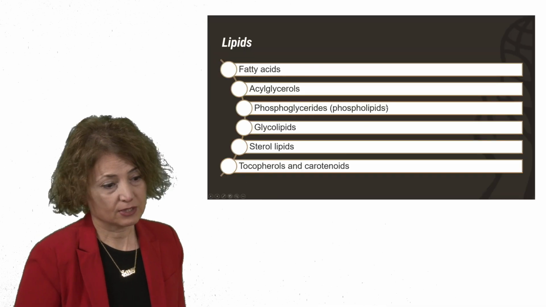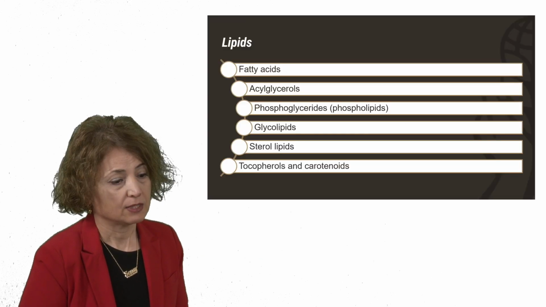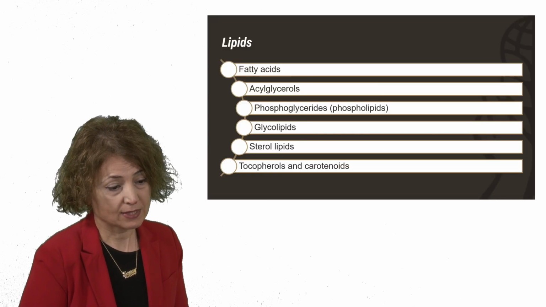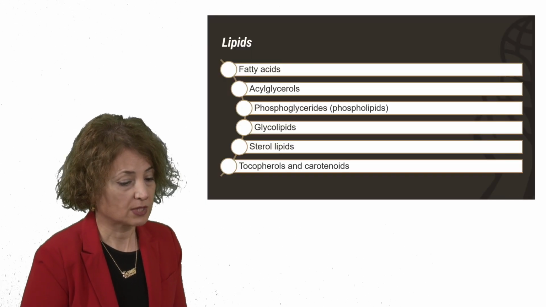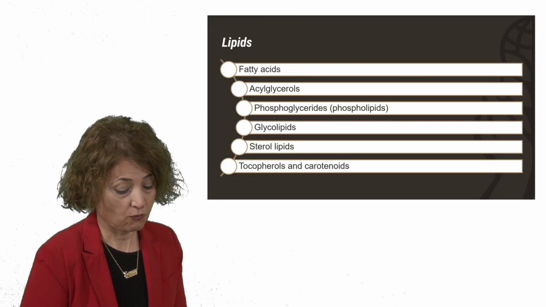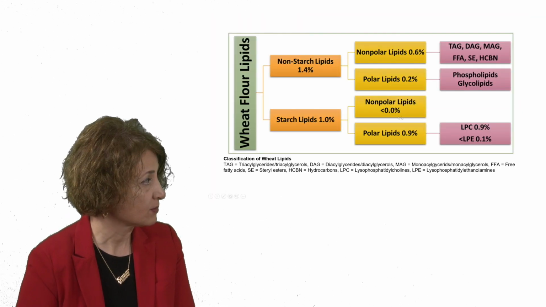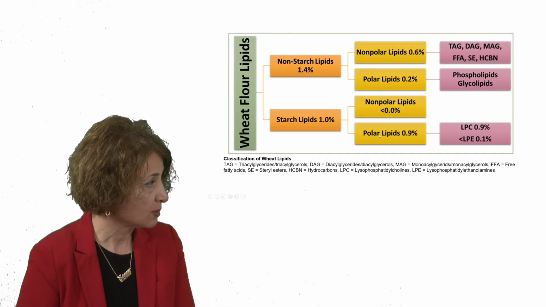There are different types of lipids. We have fatty acids, which we just talked about, and then acylglycerols, phosphoglycerides, glycolipids, sterols, tocopherols and carotenoids. They have relatively less abundance and functionality in baking systems. For wheat flour lipids, starch lipids are about 1%, and most of them are polar lipids.